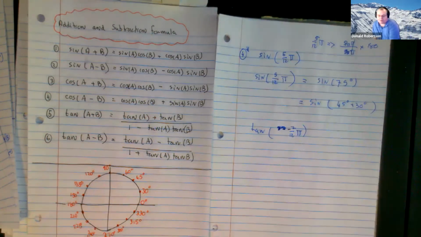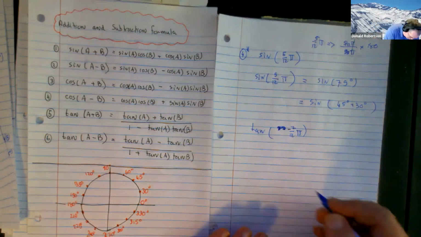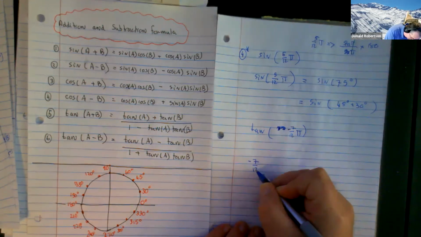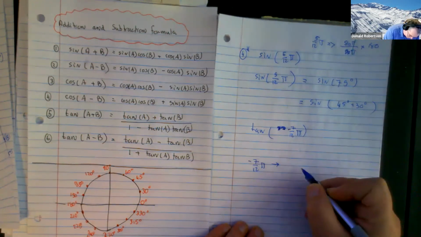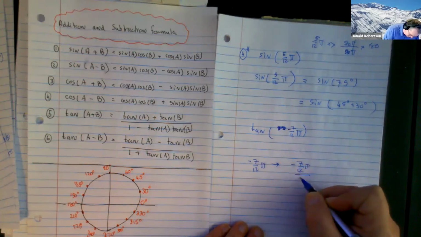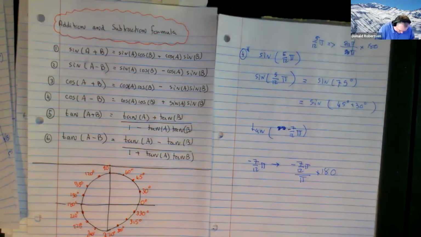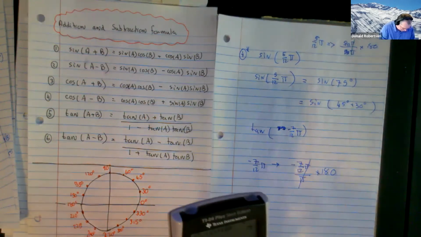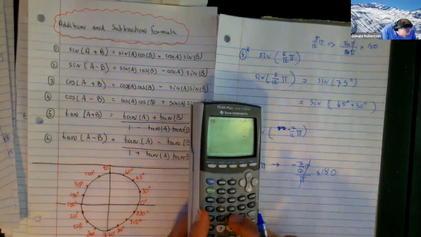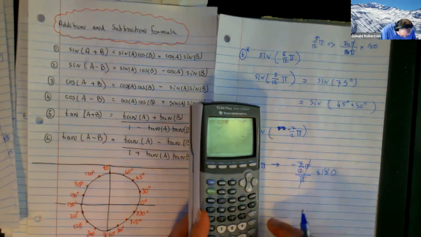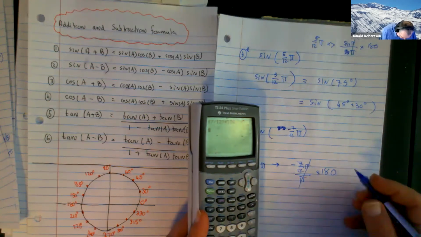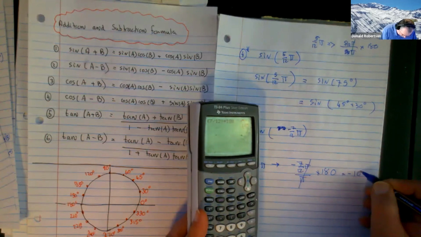I want to find the exact value of the tangent of negative 7/12 pi. So I would start by turning it into degrees. So it would be negative 7/12 pi divided by pi times 180. The pi's cancel out, so I'm basically going to do 7/12 times 180, and the answer I get is negative 105.